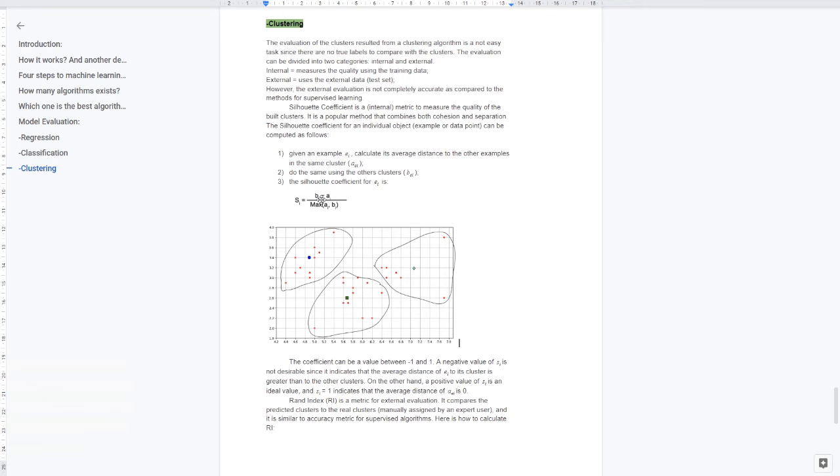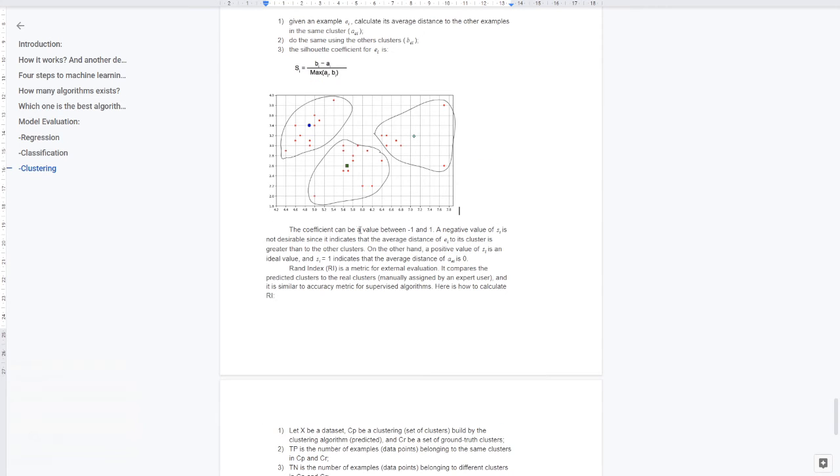We will subtract A from B and divide it by the max value, B or A. If A is the max, we will use A. If B is the max, we will use B.